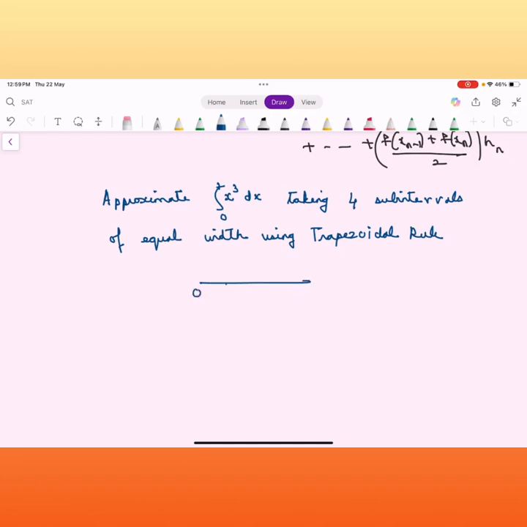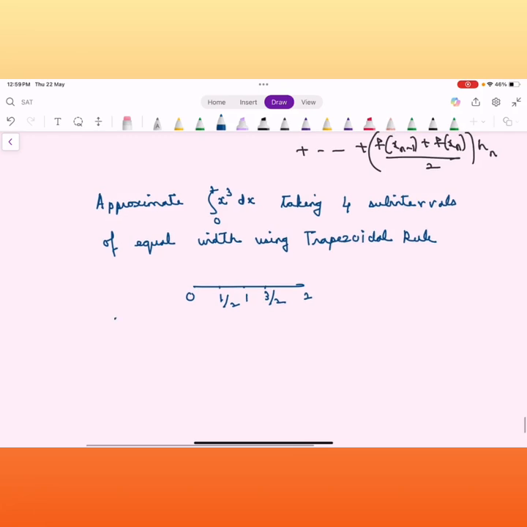So we are dividing it into 4 subintervals of equal width: 0 to half, half to 1, 1 to 1 and a half, and 1 and a half to 2.